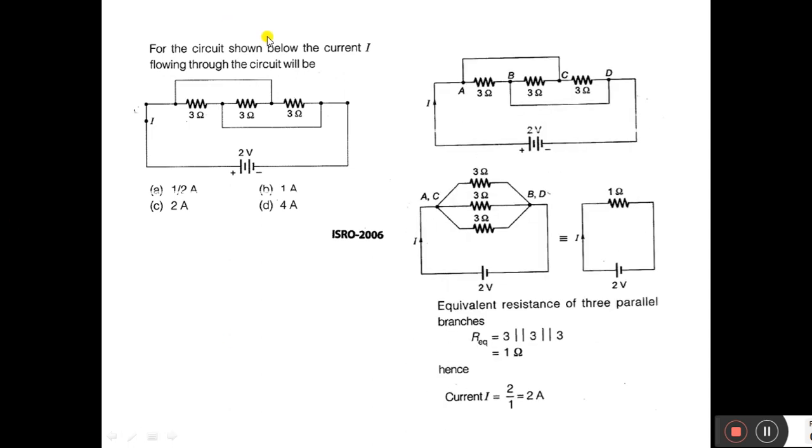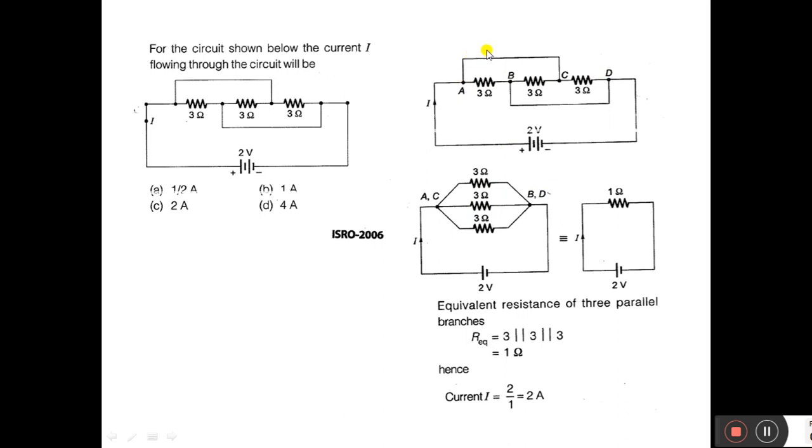First we need to simplify this resistor network. Accordingly, just assign letters. Here I take A, B, C, D for all the junctions. See here, in between A and B there is 3 ohm.